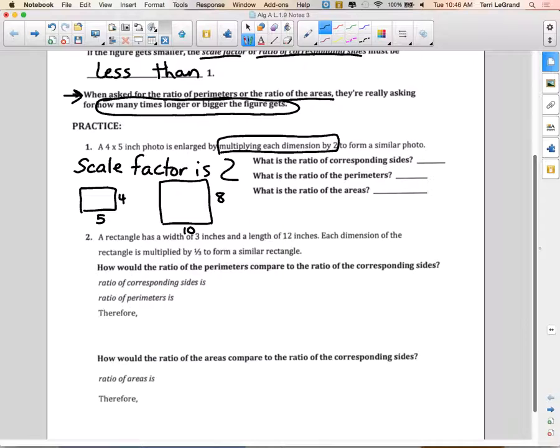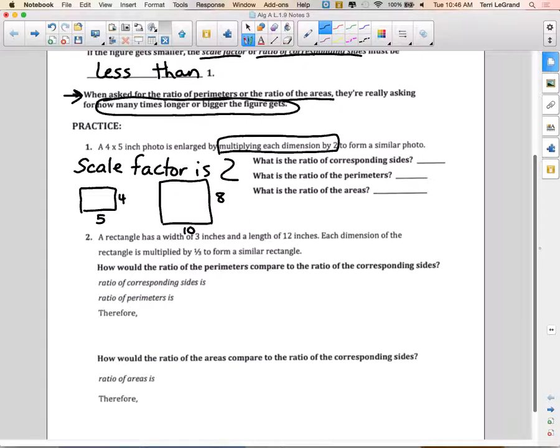What is the ratio of corresponding sides? So remember, the scale factor is also the ratio of corresponding sides, or this could be just like yesterday's homework. Take the new figure and put it over the old figure's corresponding side.